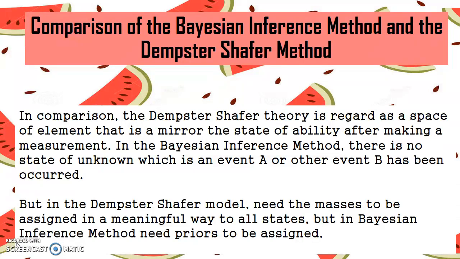But in the Bayesian inference method, there is no state of unknown, which is that event A or event B has occurred. The Dempster-Shafer model needs mass to be assigned in a meaningful way to all states, but the Bayesian inference method needs priors to be assigned.